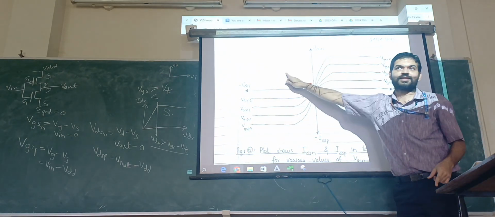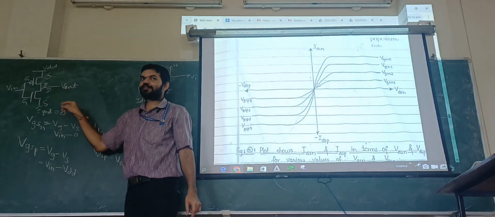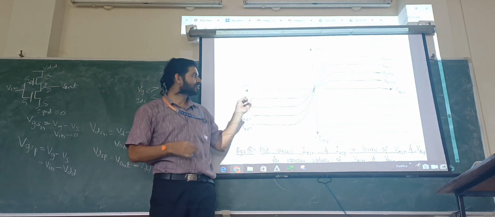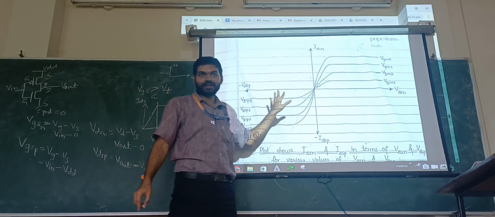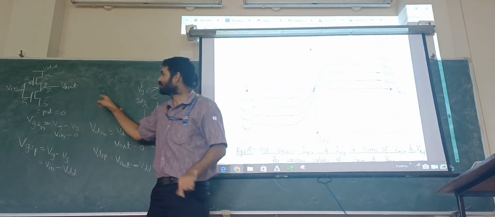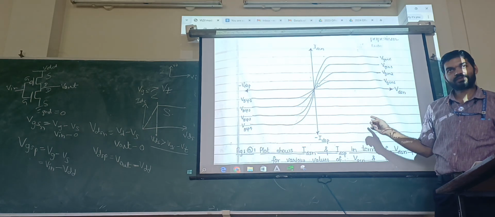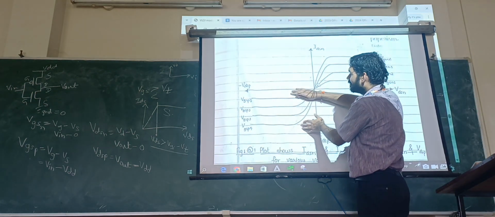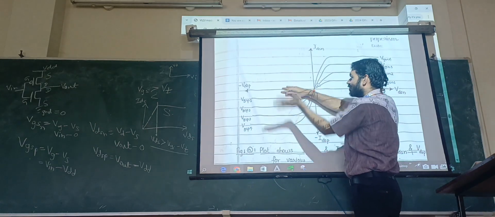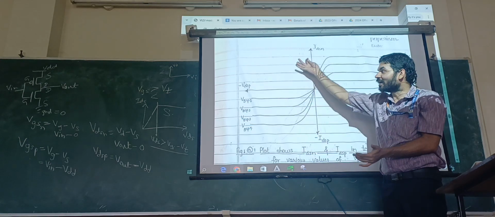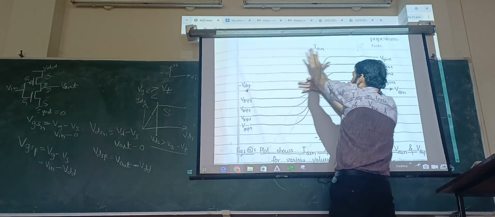I showed the first quadrant, and also the second and third quadrants, because there are two transistors in the inverter. We need the transfer characteristics of the inverter. Therefore I am plotting VI characteristics of NMOS and VI characteristics of PMOS, both parts of the inverter. Now take the mirror image of this graph and rotate it. Shift it or overlap this mirror image of the graph in the first quadrant.